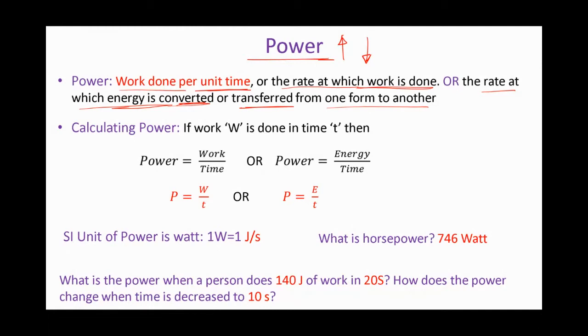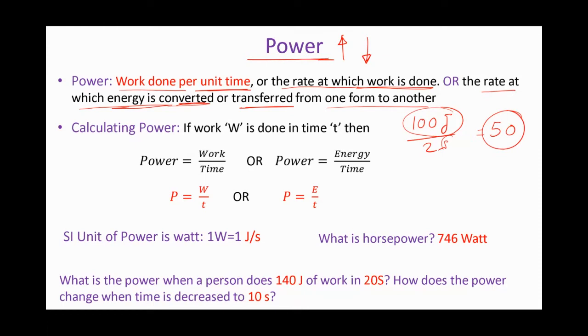If you do this work in a short period or in a long period, let's say you need to do 100 joule of work. If you can do it in only 2 seconds, I have a power of 50.